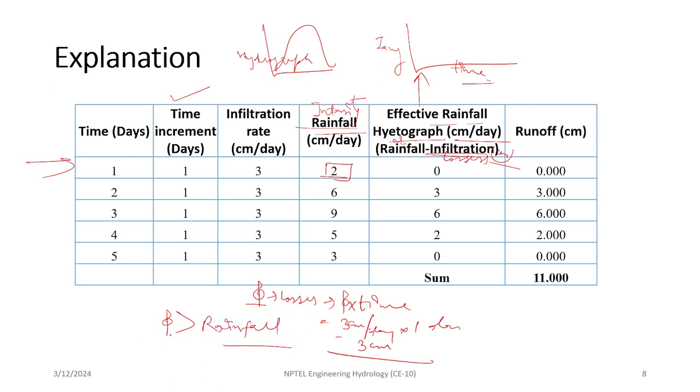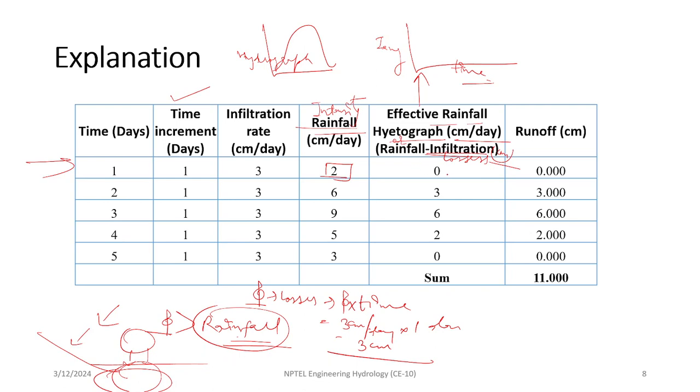Whatever rain takes place in that area will not produce any runoff, because whatever inflow is coming, that equivalent amount is going out of the system also. So nothing is left, and runoff will be zero only.